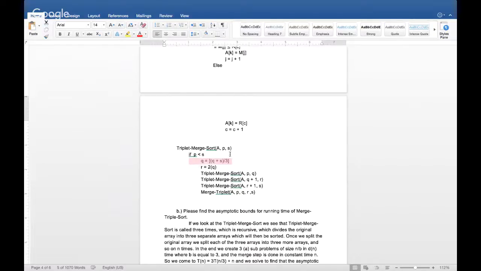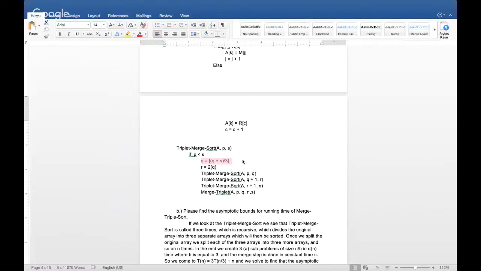We calculate Q. Now, because the question let us know that we did not have to worry about the situation where n is not divisible by 3k, so we know that it will be 3 equal sized arrays. So here we just divide. Q is going to equal it divided into 3 different arrays.